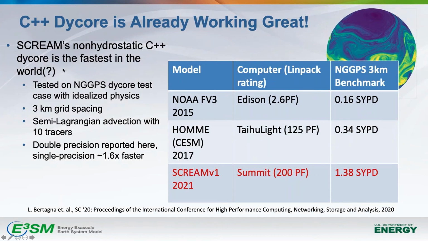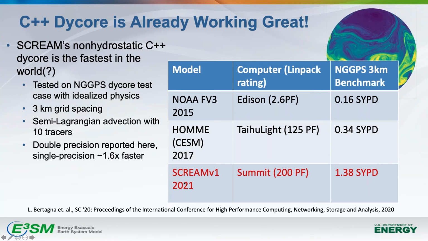So talking about that second milestone of being able to do the non-hydrostatic dycore, getting that working, writing a paper about it for Supercomputing 2020. This is just kind of the punchline results from that. I think that Mark showed this 2 days ago.